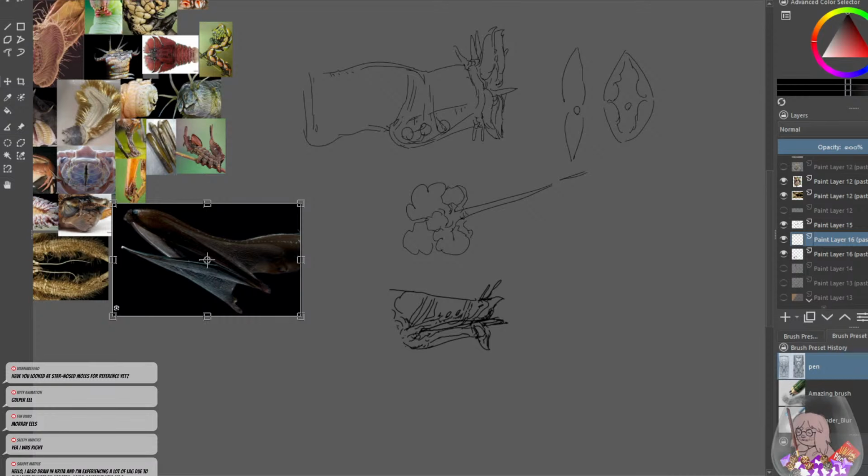Nymphs. Jaw. Yeah, these are really interesting. Like two fused front arms.